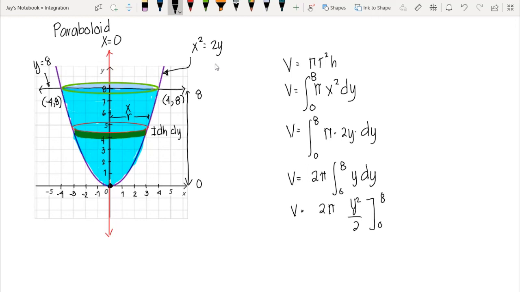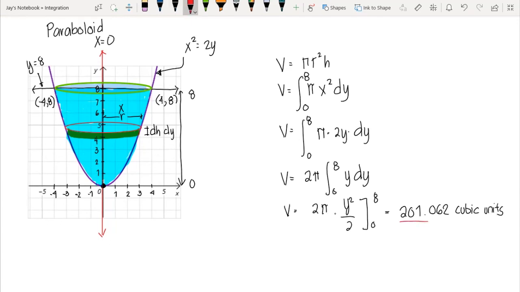So we can substitute the upper limit inside, then minus the lower limit inside the function, then we have our answer here as 201.062. And since we know that this is volume, then we have cubic units. So this is the volume of the solid generated by revolving this area about the y-axis. So this is our answer.